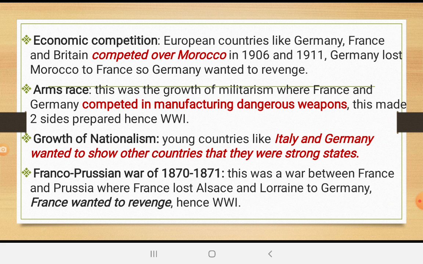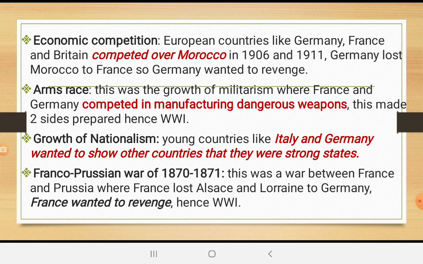Morocco, as you know, is one of the African countries in the north, and due to its economic wealth and strategic location, these colonizers competed over it, and Germany lost Morocco to France.